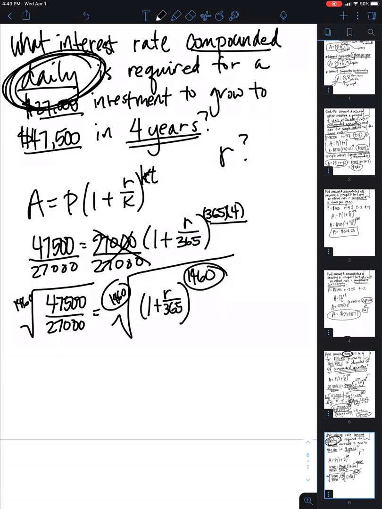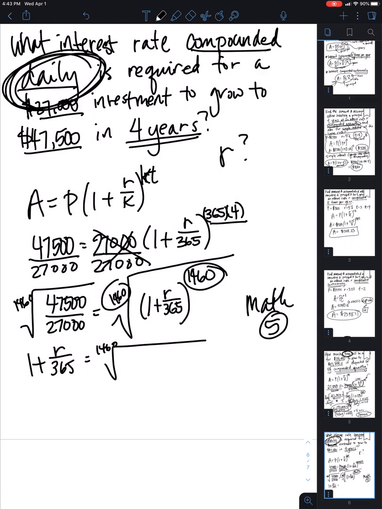Now, on your calculator, under the math button, it looks like math 5. You can do this in your calculator. Obviously, you can't do it in your head, so hopefully you find that. So right now I'm going to put this on this side. Remember, you don't want to round. Okay, so we're going to put that in the calculator.